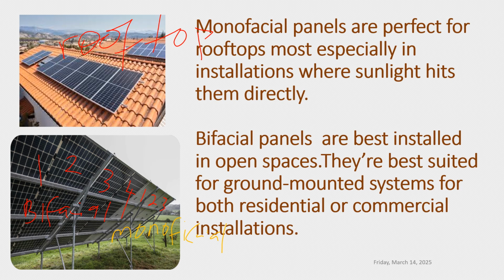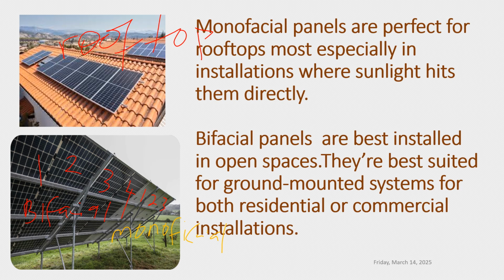Some people decide not to put something on their roof to avoid too much load on the roof, so they install a steel structure for a ground mounted system to hold their monofacial or bifacial panels. It's good. You find some residential buildings that use carports where they park their cars under a solar system, so it can be used on both residential and commercial installations.